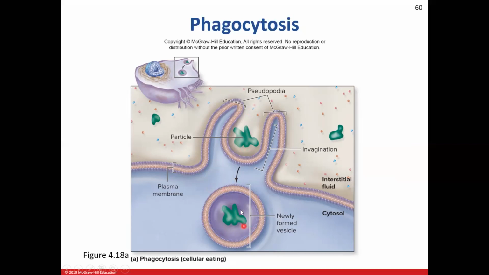And with phagocytosis, we're now taking this particle and we're actually going into and digesting it. And again, we'll see some sort of lysosome that would come over here that would have a whole bunch of digestive enzymes, and it would actually fuse with this vesicle in order to digest the particle that's inside it.